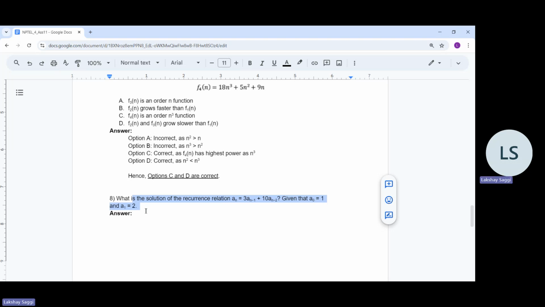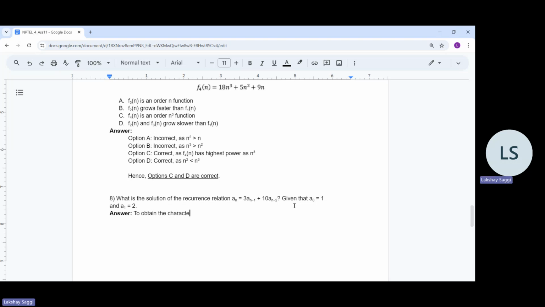And how do we obtain the characteristic equation? This has already been discussed in the lectures. Just replace A of n by x square, A of n minus 1 by x, and A of n minus 2 by 1, and we'll have the characteristic equation.